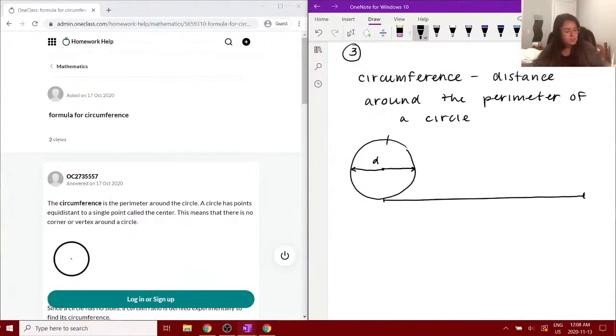We would be able to see that this circumference is equal to 3 and a bit times the diameter, right?